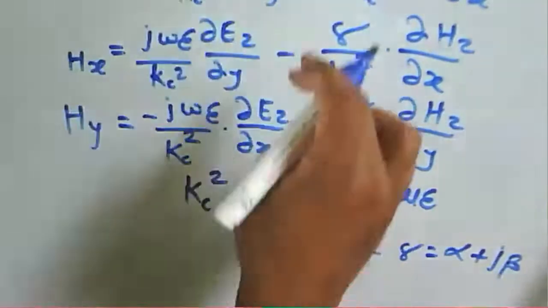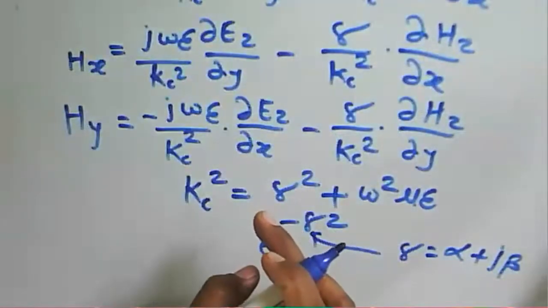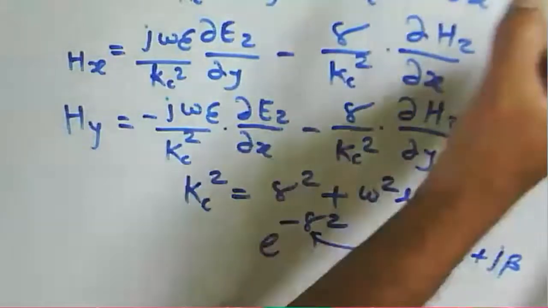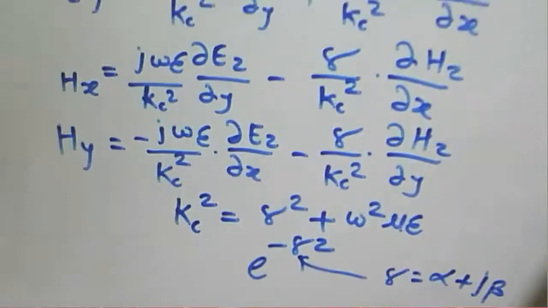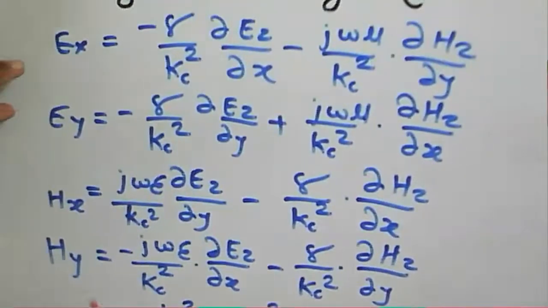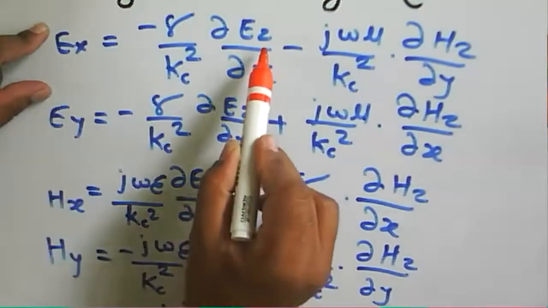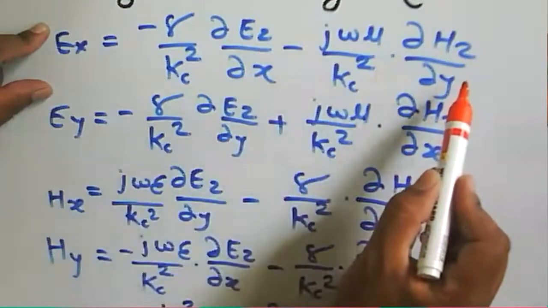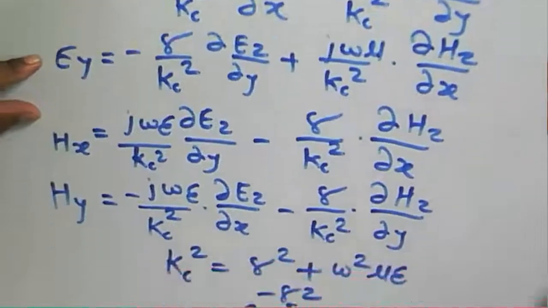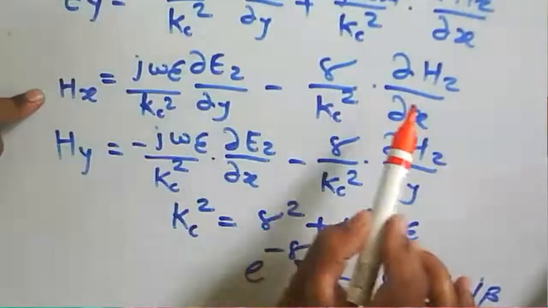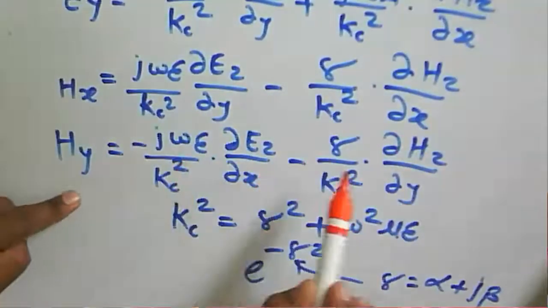So now from these equations, we can say that Ex is equal to a component in terms of Ez and Hz here. Ey again, Ez and Hz. Then Hx, Ez, Hz, Hy, Ez, Hz.